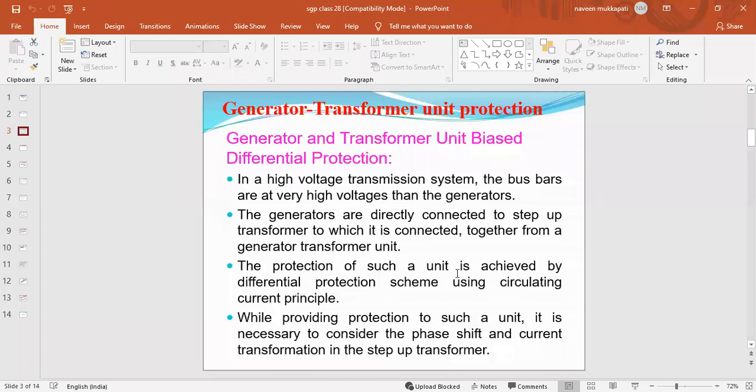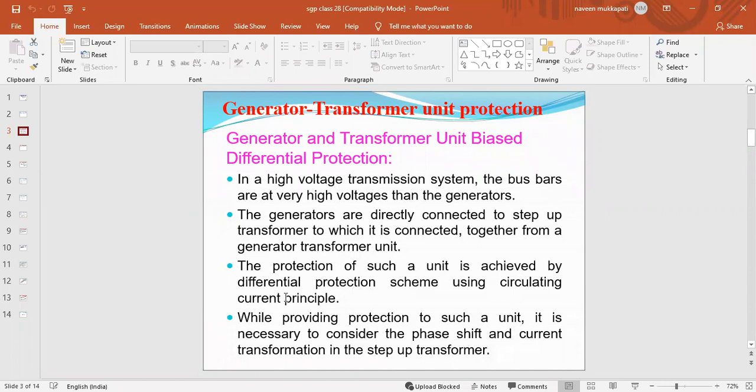The protection of such a unit is achieved by the differential protection. The overall generator and transformer are protected using differential protection schemes based on the circulating current principle.